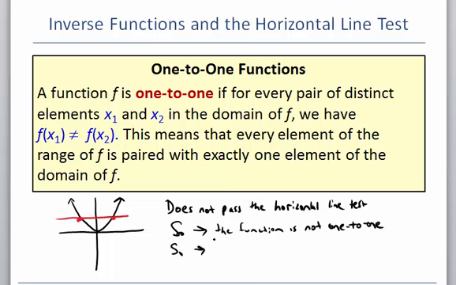And if the function is not 1 to 1, then the function does not have an inverse. And we want to keep in mind that an inverse is not always something that exists for every function. And so this is our progression. If it passes the horizontal line test, then it's 1 to 1, then it has an inverse. If it does not pass the horizontal line test, it's not 1 to 1, and it does not have an inverse.